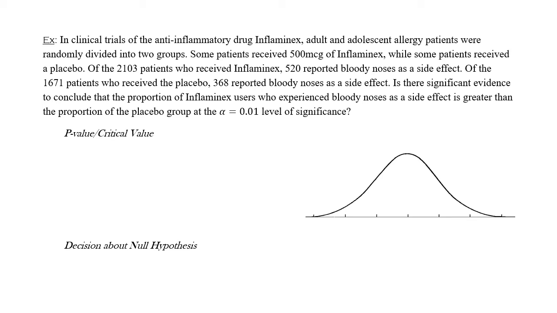So in this case, we were looking at a right tail graph because here it was using the greater than symbol, and the test statistic that we got was around 1.94. So the p-value would be the area to the right of that, and in this case the p-value that we would get was 0.02588.